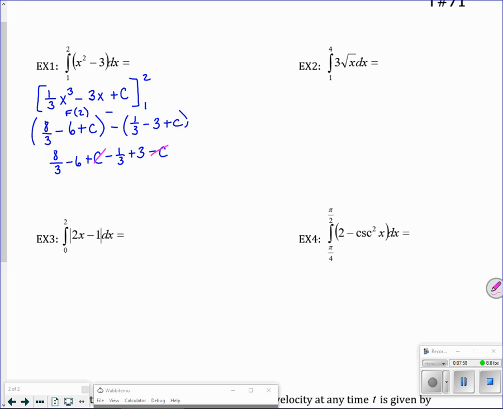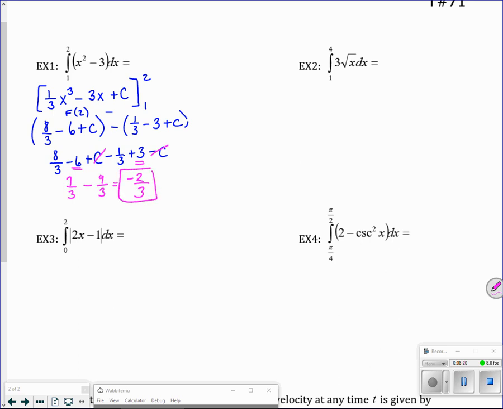Now to finish this one up, I just have to do the math here. So 8/3 minus 1/3, that is 7/3. And then I have a negative 6 plus 3, that's a minus 3, which I'll make 9/3, and I get an answer of negative 2/3.